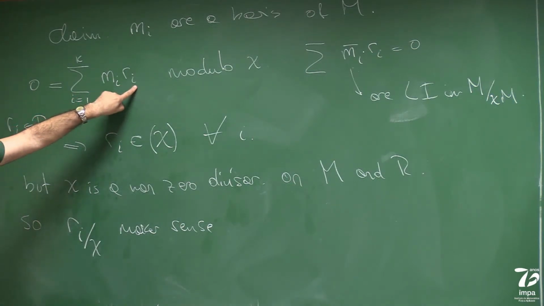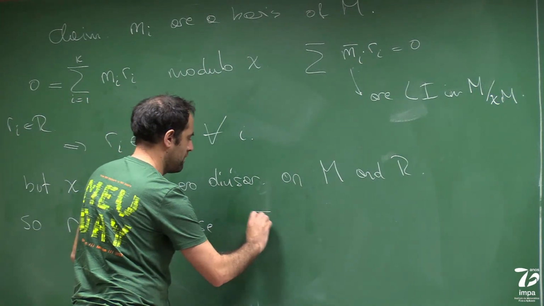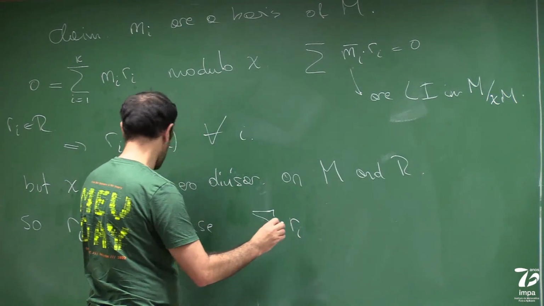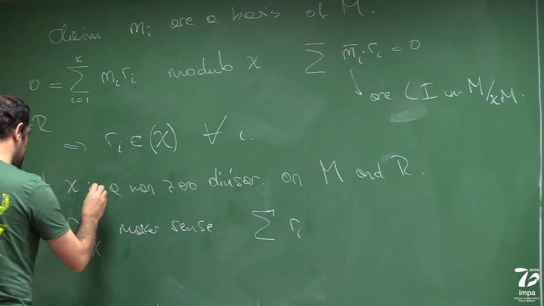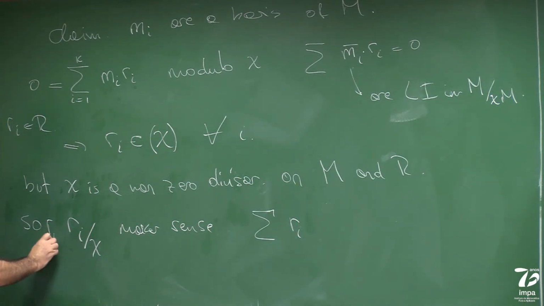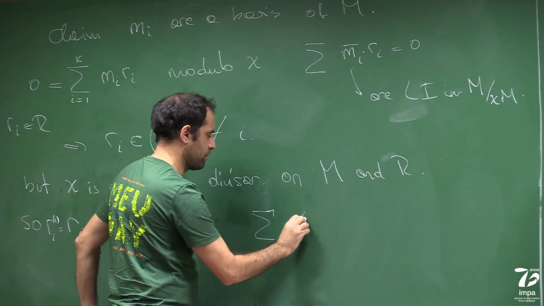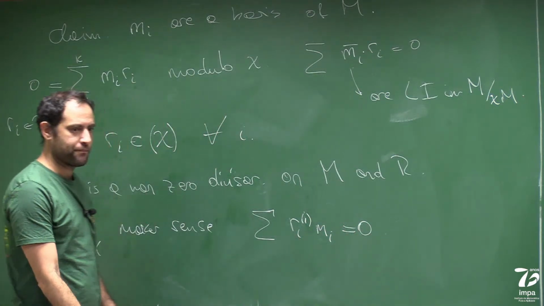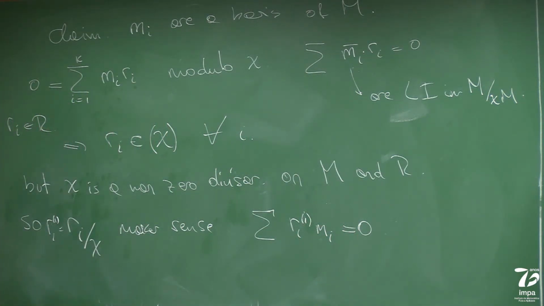But then also this equation here means that I have these new guys, let's call these guys Ri1, and Mi still is equal to 0. And just repeat this procedure.